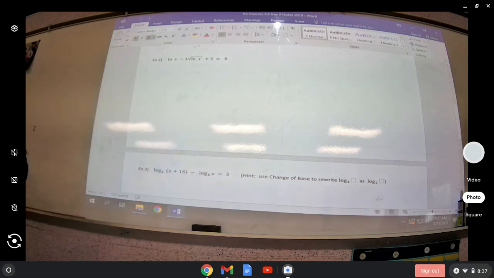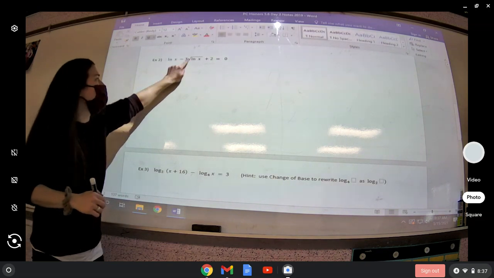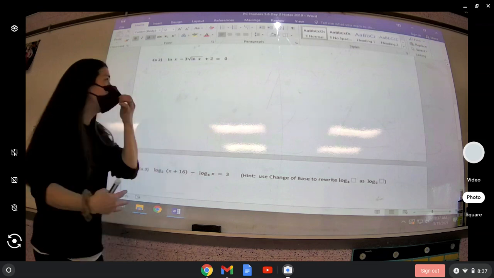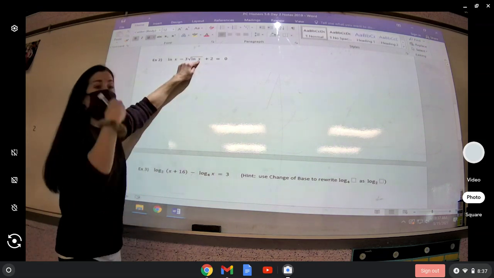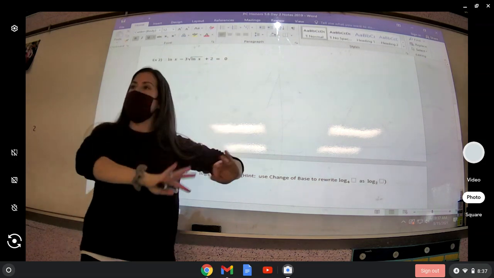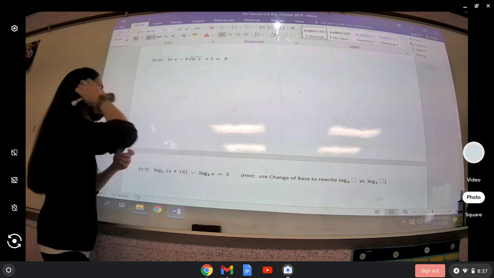All right, now this one, we're going to put your factoring skills to the test a little bit. All right, look here. We have the natural log of x minus 3 times the square root of the natural log of x. So again, guys, this is weird in the sense that normally we'd be taking the square root of x, right? The natural log isn't usually part of underneath that square root. Now it is, so that's different, right? And then plus 2.